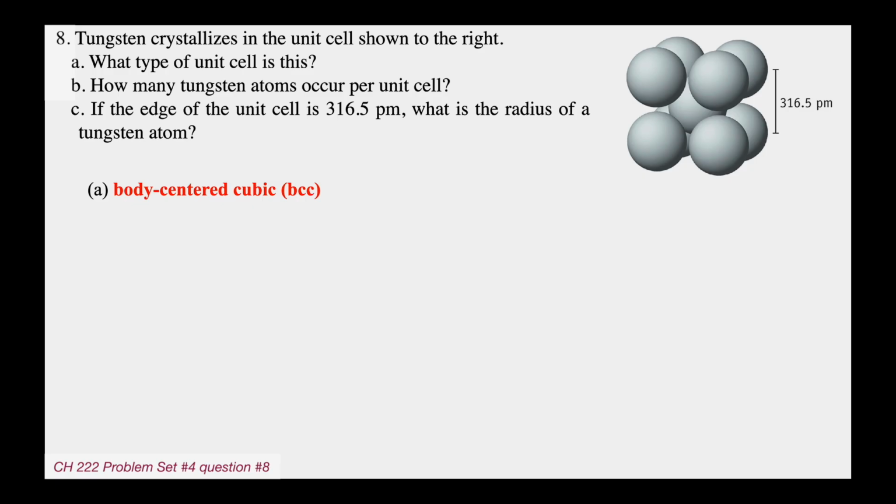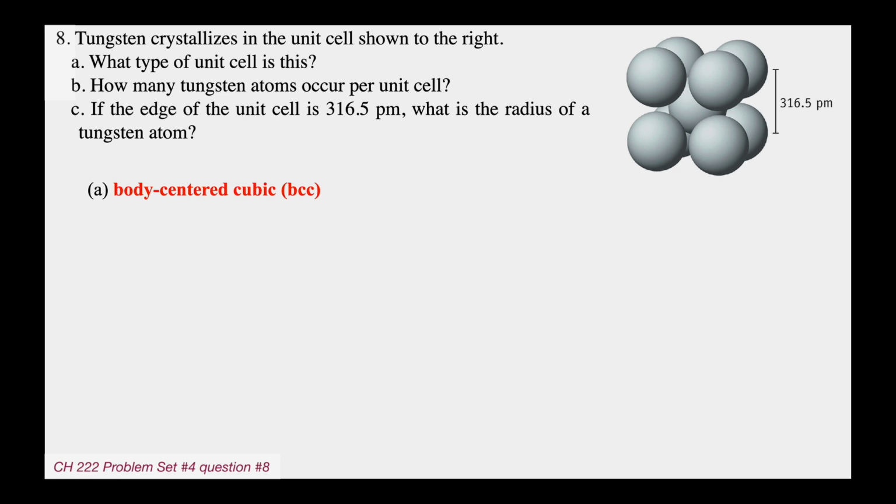Now, in a body-centered cubic, whether it's tungsten like this one or something else, the atom in the middle is one net atom. But the corner atoms, as we talked about in lecture, are 1/8 in the cell and 7/8 outside the cell. So when it comes to net atoms per cell, each of the corner atoms is 1/8 inside the unit cell.